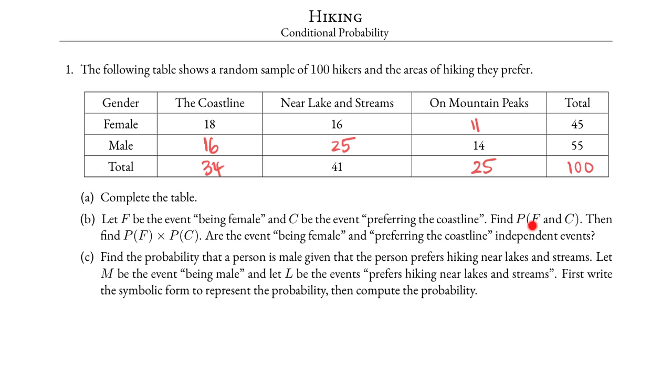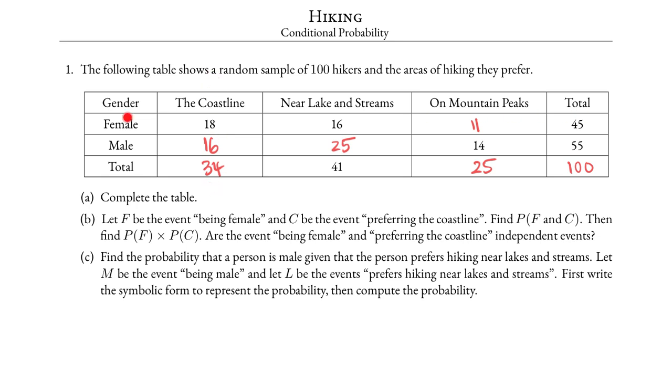This is the probability of getting a female and that female preferring the coastline. From the table, we see that there is a row for F, female, and there's a column for C, coastline.